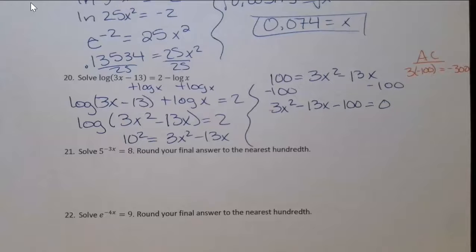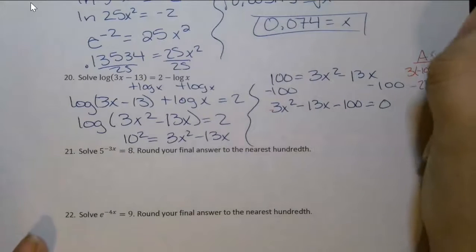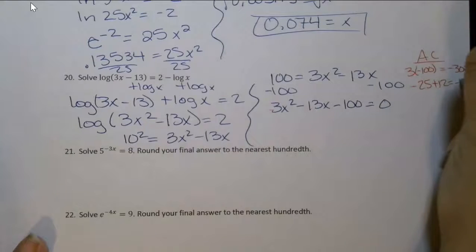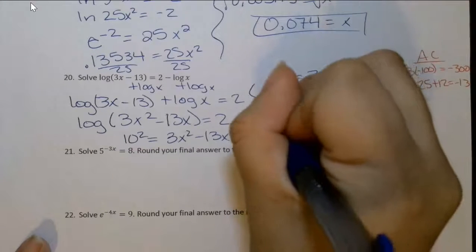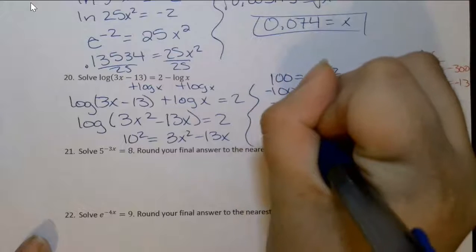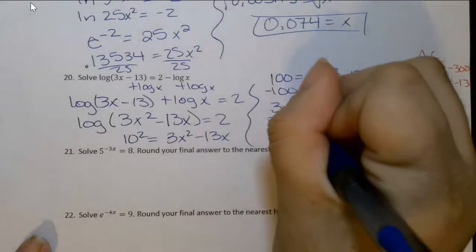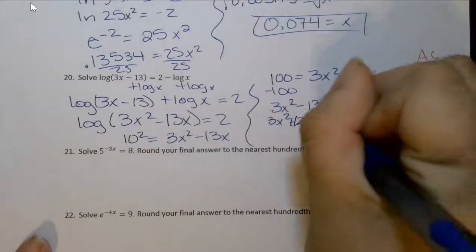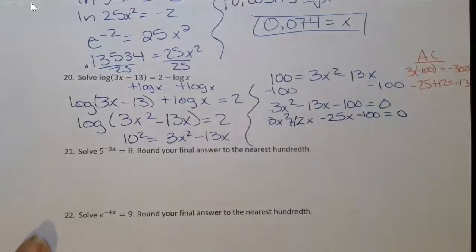It's 25 and 12. So negative 25 plus 12 equals negative 13. I'm going to split it up. I have 3x squared. I'll put the 25 with the 100. So I have plus 12x minus 25x minus 100 equals 0.